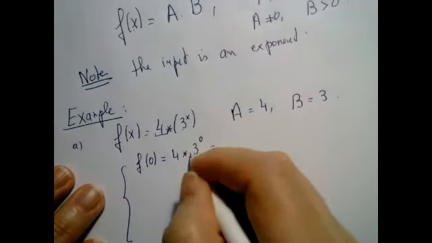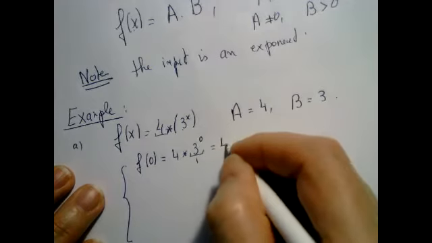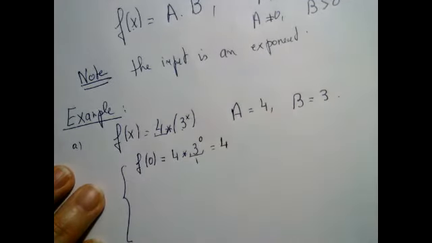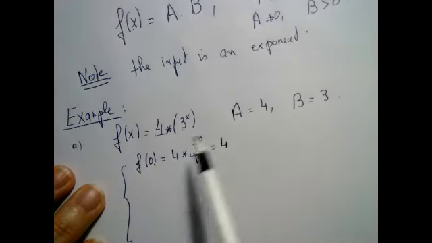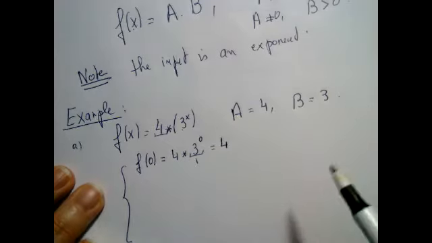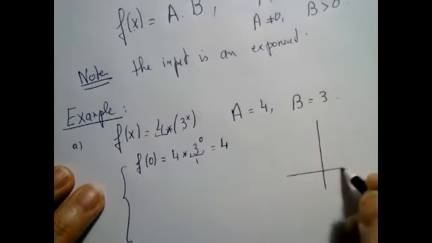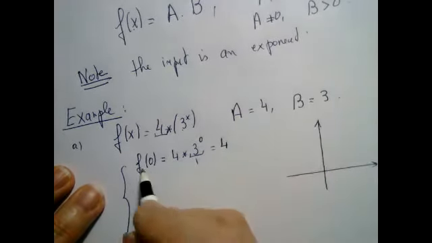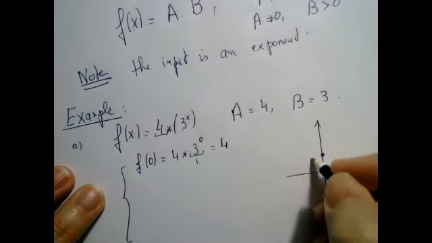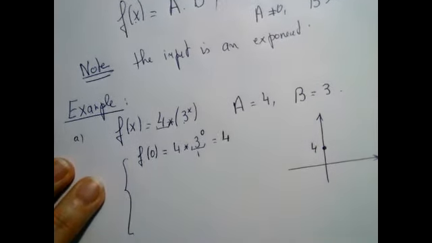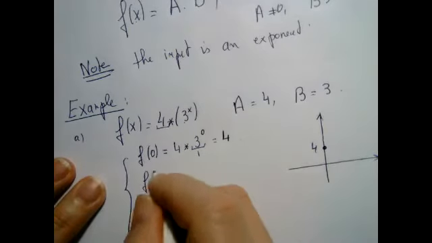Now, anything to the power 0 is 1. This is equal to 4. So A usually is the output when the input is 0. And we're going to call A the initial value, because if you graph this function, f of 0 is 4, which will be usually the A. Okay. Now let us evaluate other values.